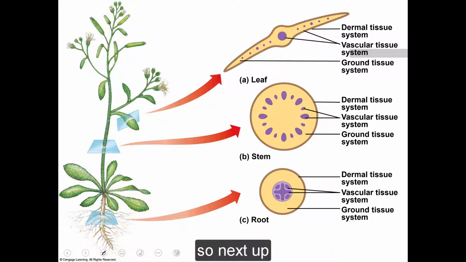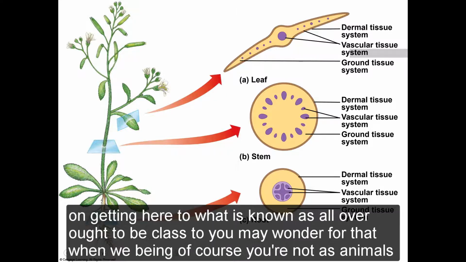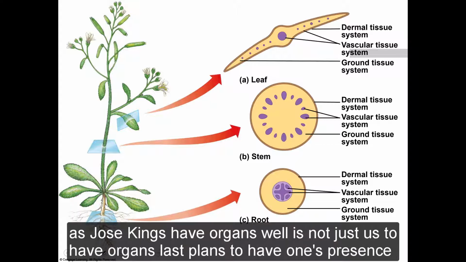So next up, I'm getting here to what is known overarchingly, class, as plant organs. You may have learned before that we, being of course you and I, as animals, as Homo sapiens, have organs. Well, it's not just us that have organs, class. Plants too have organs.